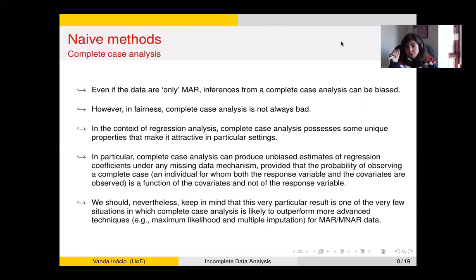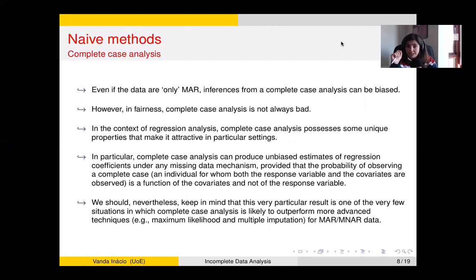There is one situation, it's very specific, where following a complete case analysis approach will outperform more advanced approaches for dealing with missing data, like maximum likelihood or multiple imputation. And the context is the following.